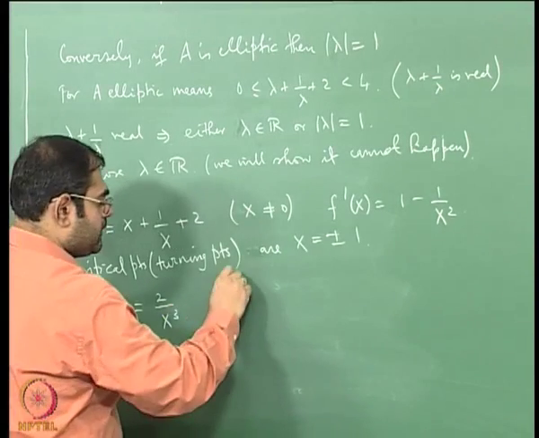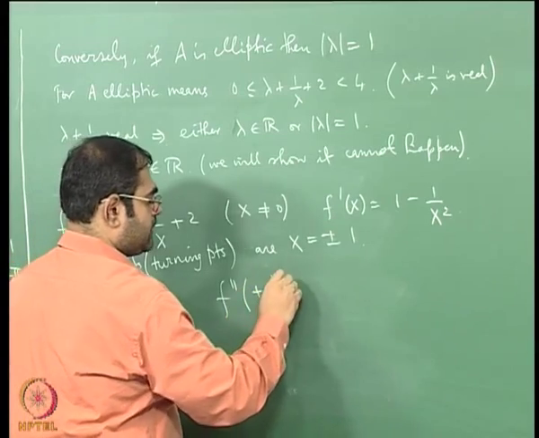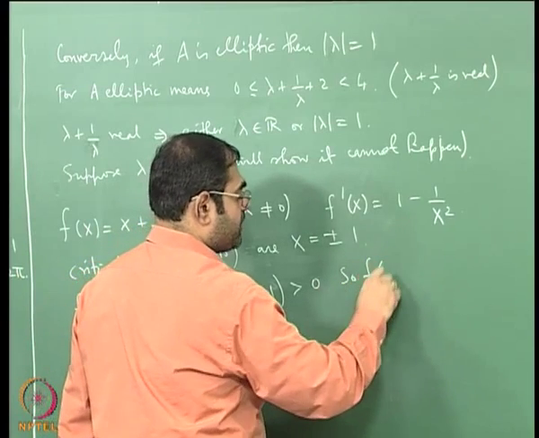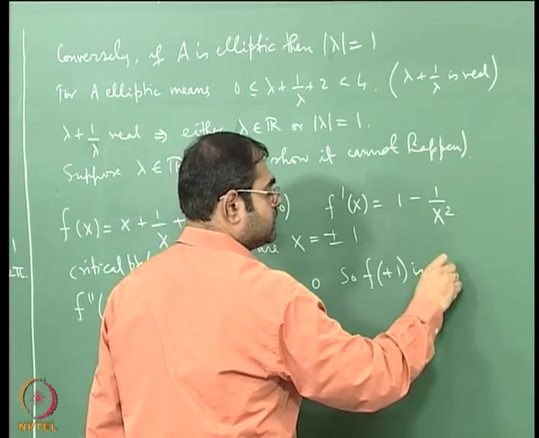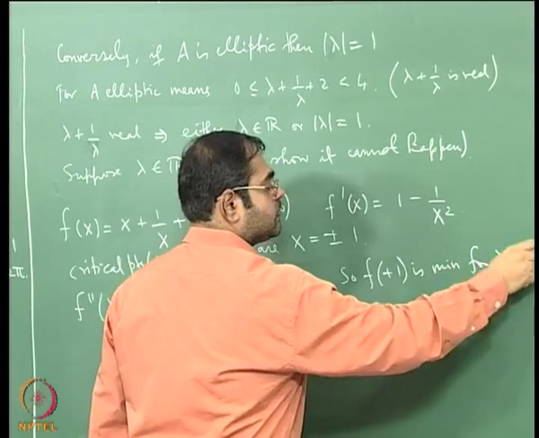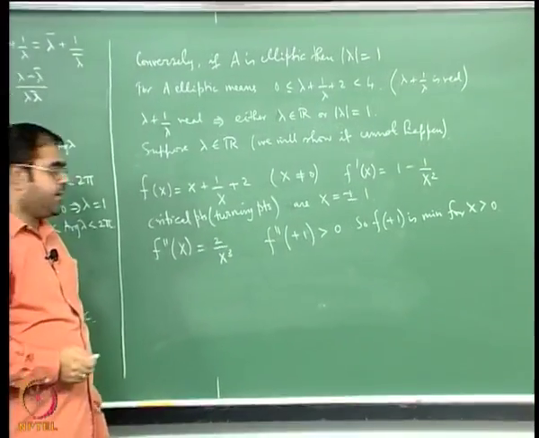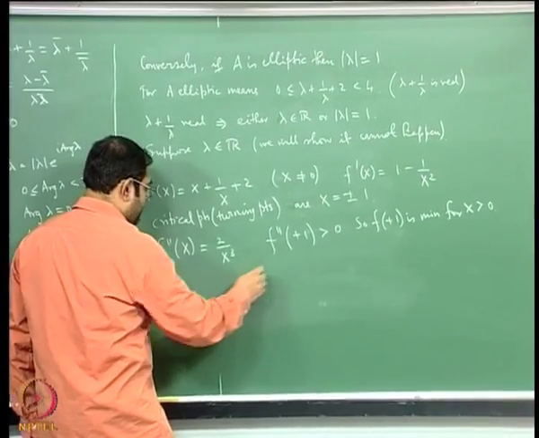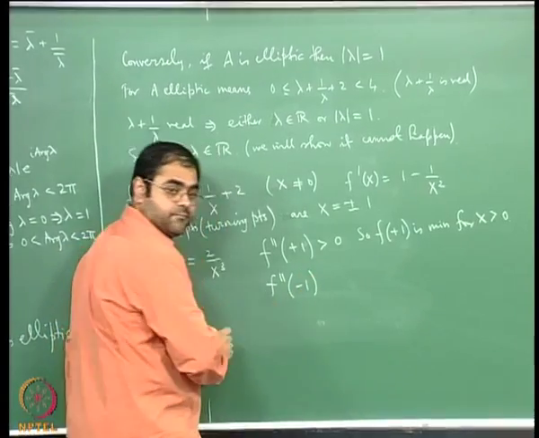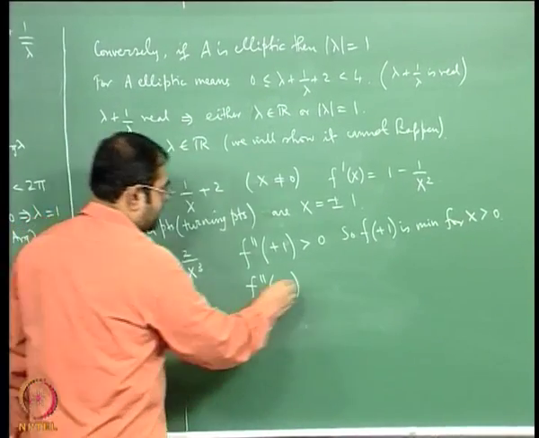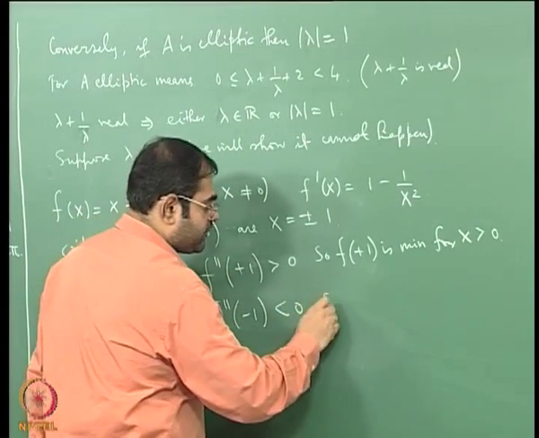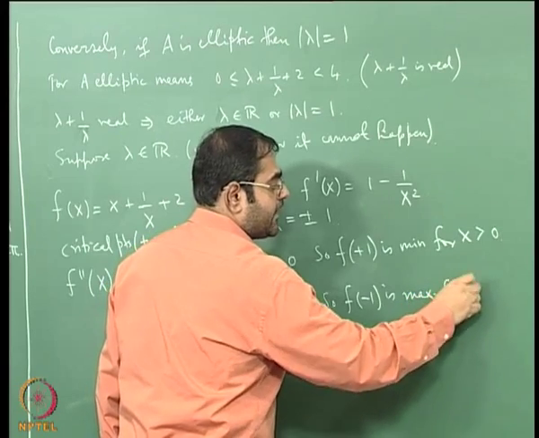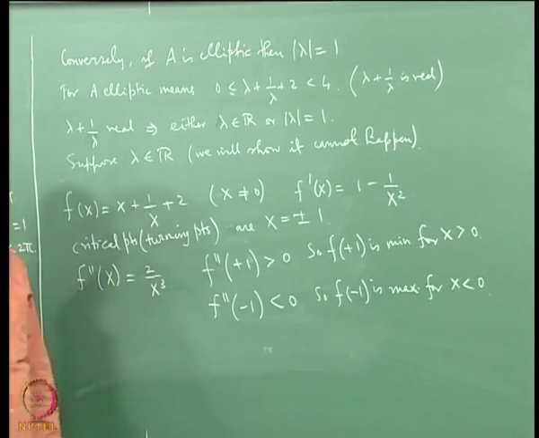The second derivative at plus 1 is positive, so at plus 1 I have a minimum, so f of 1 is minimum for x positive, okay, and if I take the second derivative at minus 1, then I will get a negative value, so f of minus 1 is maximum for x negative.